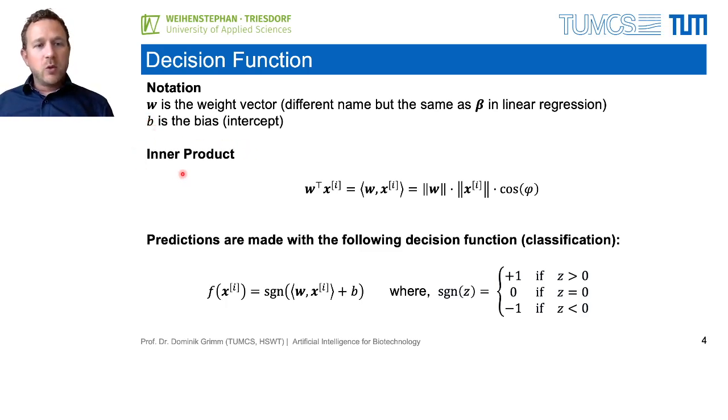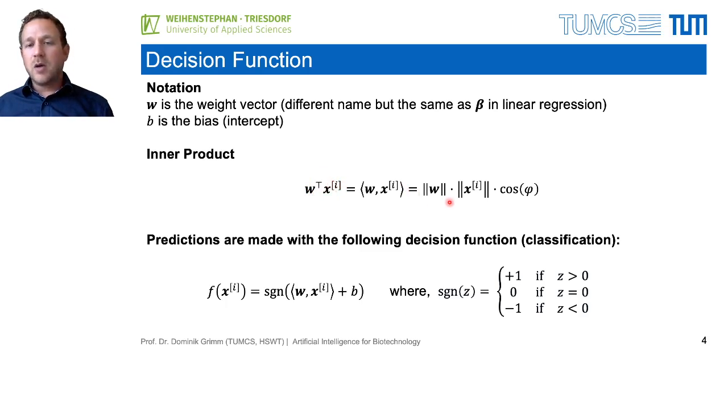Another thing that we have to introduce is the inner product. You know this dot product w transpose times x_i, and in support vector machines we very often use the inner product, which we write with these special angle brackets: w comma x_i. This is nothing else than the dot product between the vector w and the vector x.